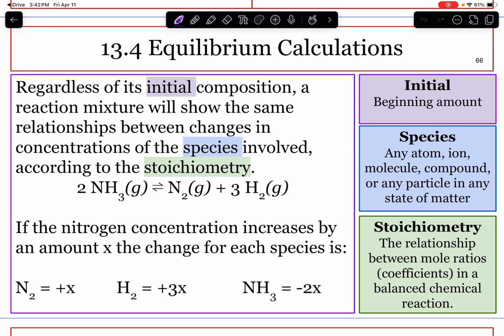And then hydrogen, we can expect, would have changed by 3 times x, because there's a coefficient of a 3 on hydrogen, whereas there's only a coefficient of a 1 on the nitrogen. N2 and H2 are products, so we are adding some value of x and adding some value of 3 times x. And then NH3 will have changed by a value of 2x. It's going to decrease from the initial amount by 2x.